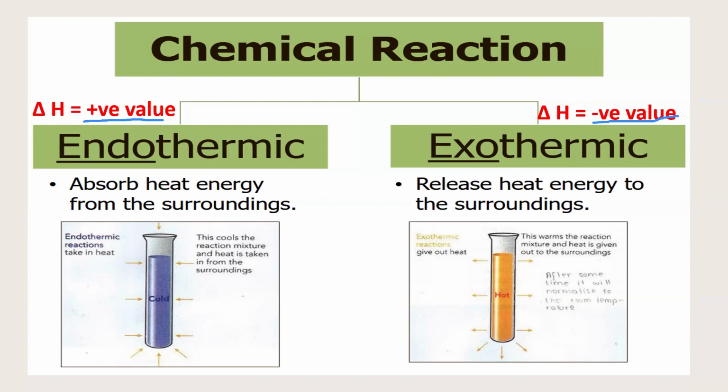Either you have the heat in the reactants, so it is endothermic, or in the products, exothermic. But if the reaction in your question does not state the heat, you simply look at the delta H. If the enthalpy change is positive, it's an endothermic reaction, so you have the heat in the reactants. While if the delta H is a negative value, this is an exothermic reaction, so you think of the heat as one of the products.